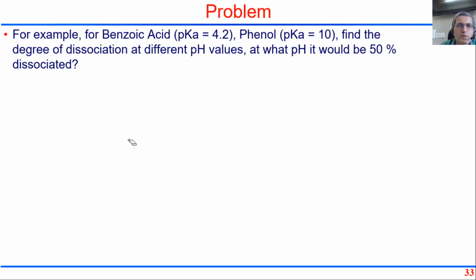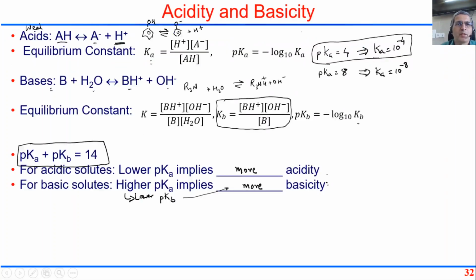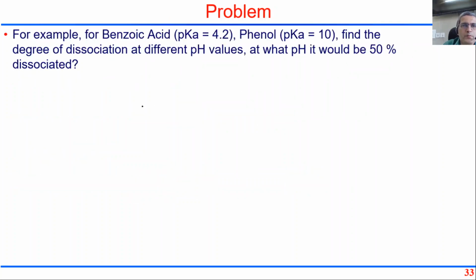So what we are trying to say is, if I write our acid like this, HA or AH, whatever we want to say, then AH would get dissociated as A minus and H plus.